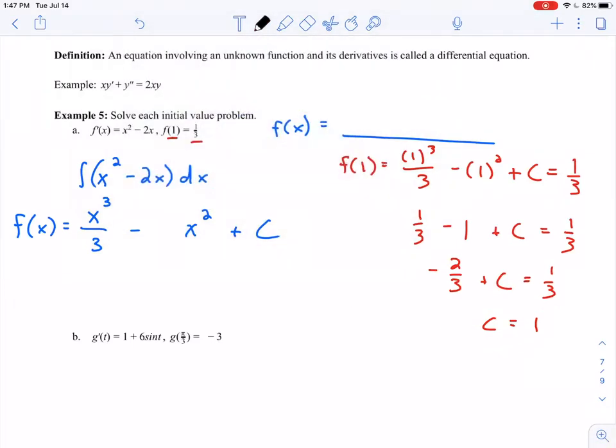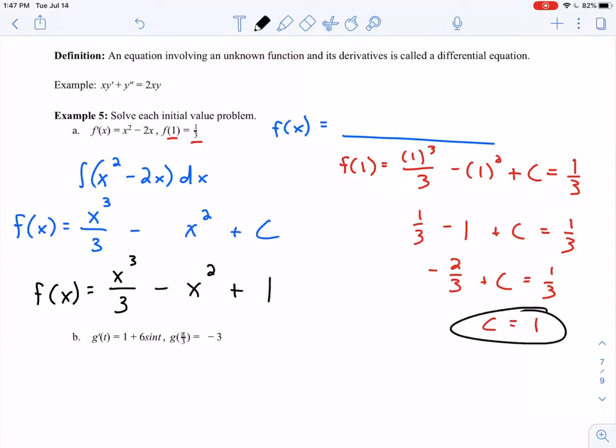So my differential equation, that is the solution to this initial value problem, is f of x equals x to the third over 3 minus x squared plus c, but we just said c is 1, so plus 1.